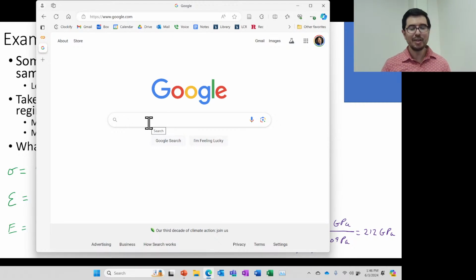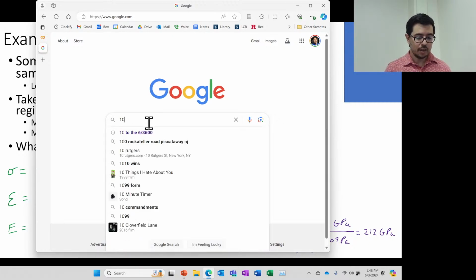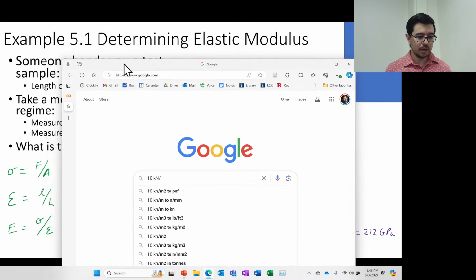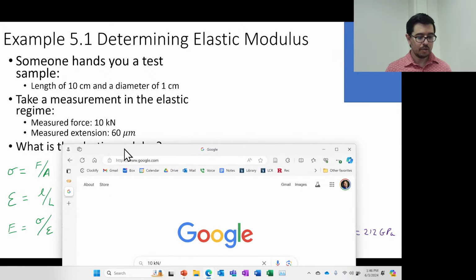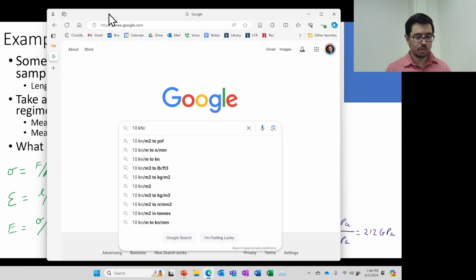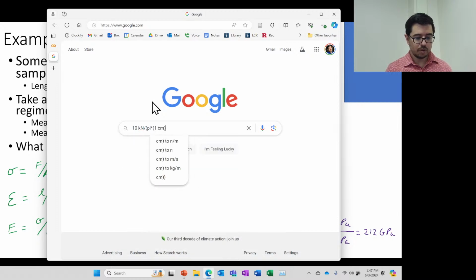I like DuckDuckGo, but I have to say Google is the best at unit tracking. So if you said 10 kilonewtons, and we have a diameter of 1 centimeter, we do divided by pi times 1 centimeter squared divided by 4.